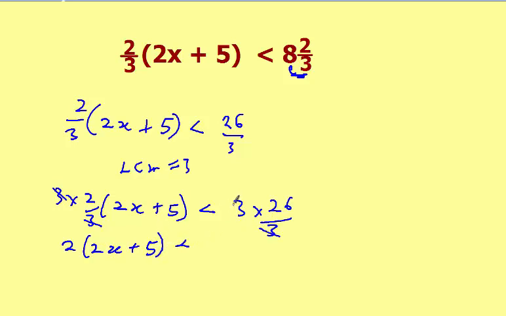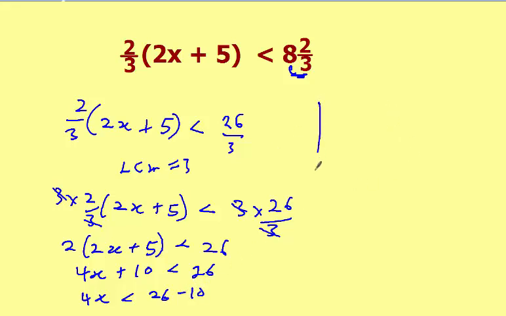Also cancel this out to give us 26. Removing the bracket, 4x plus 10 greater than 26. Grouping like terms, 4x greater than 26 minus 10.